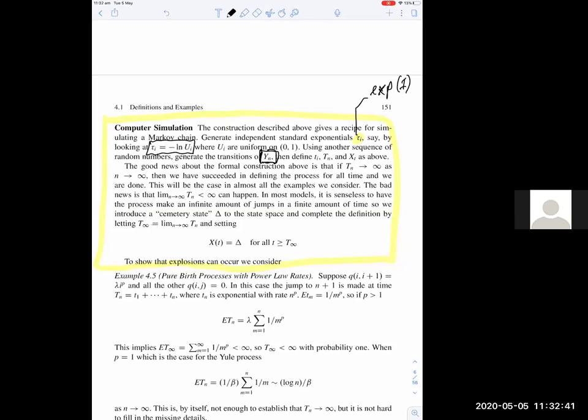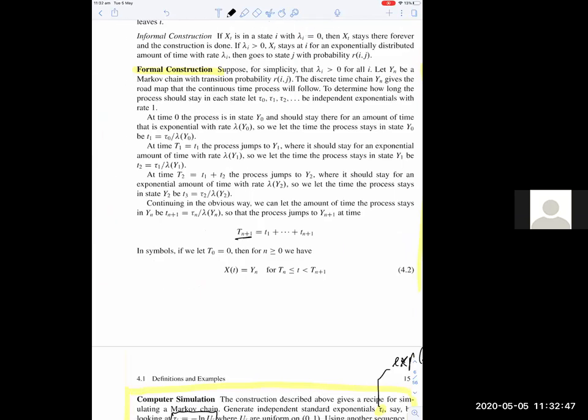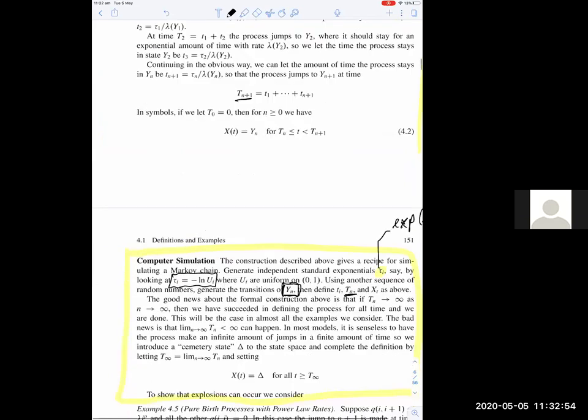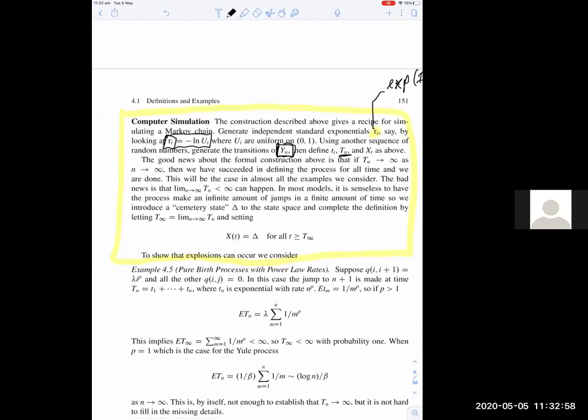And then what you would do is take Tn, which I skipped in the formal construction. Tn is the time between two events of the continuous time Markov chain, and you take Tn to be the sum of the tau i's.